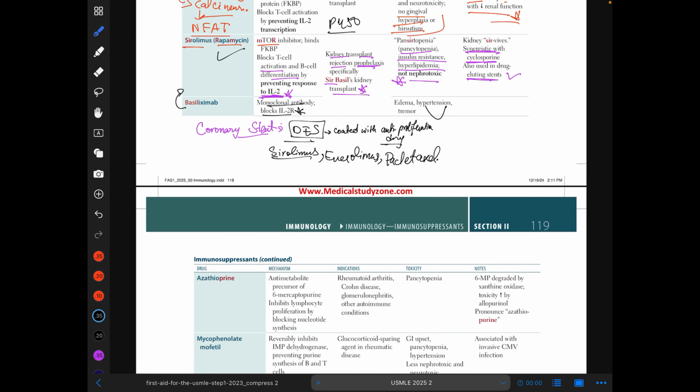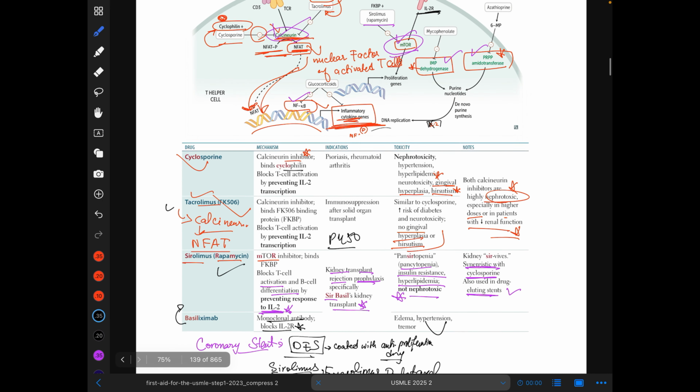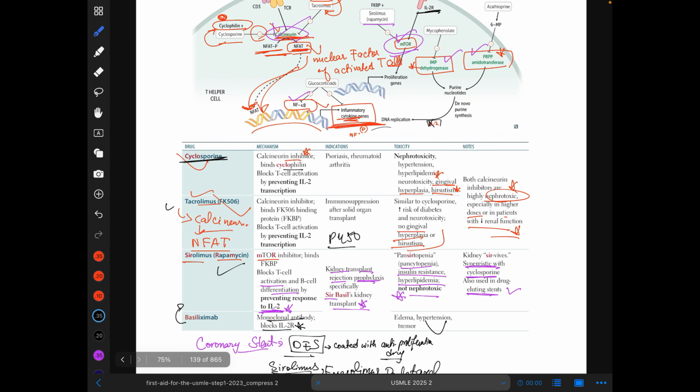There is one question: if we give cyclosporine, what is the most common cause and risk? You give cyclosporine and it blocks T cell activation by interleukin-2. You know interleukin-2 differentiates T helper cells, and T helper cells are going to do cytotoxicity.